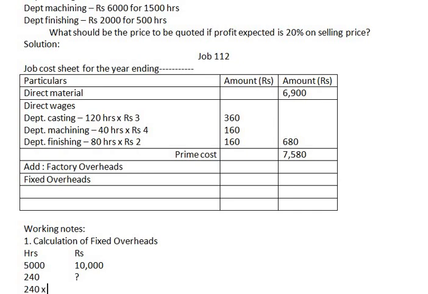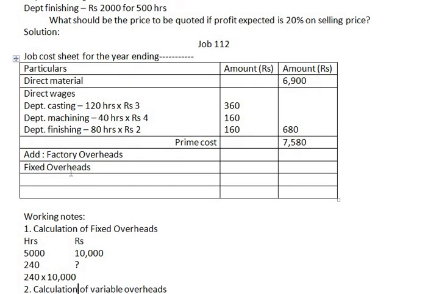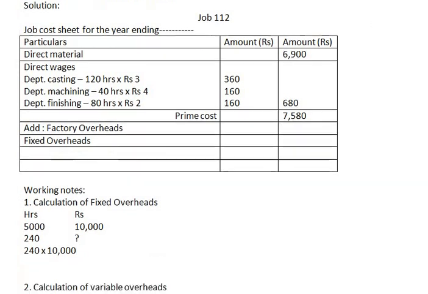Now 240 into 10,000 divided by 5,000. Cross multiplication, which equals rupees 480.